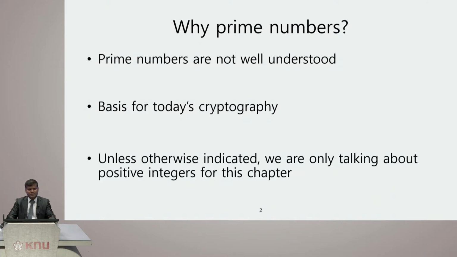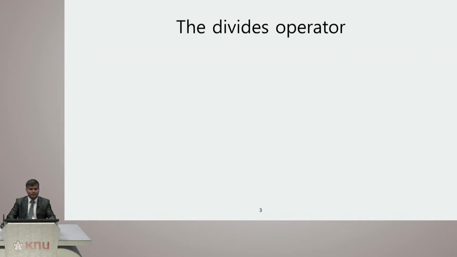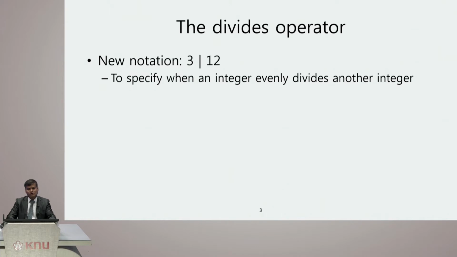Well, we are going to see a brief introduction to prime numbers and composite numbers. Otherwise, we are just going to deal with positive integers in this part of the chapter on number theory. Let's see what the divides operator is. The divides operator is a simple notion that is indicated by a straight line, like 3 divides 12.